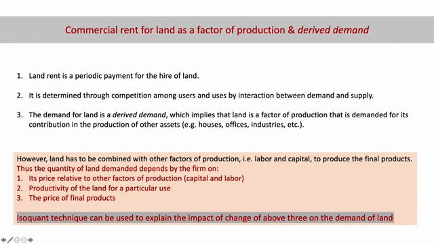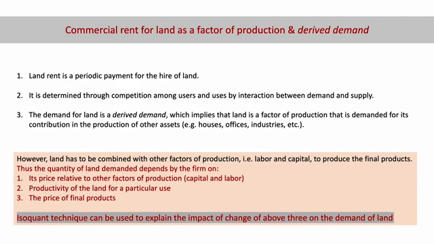So, as we said, we are talking about land as a factor of production or as an input. The quantity of land demanded by a firm would depend on the price of land relative to other factors of production, that is capital and labor, the productivity of land for a particular use, and the price of final products.